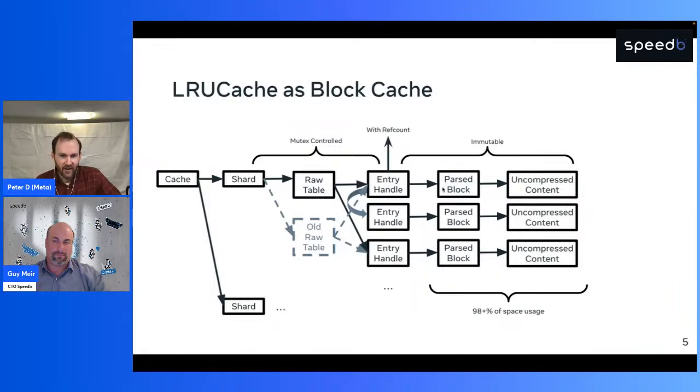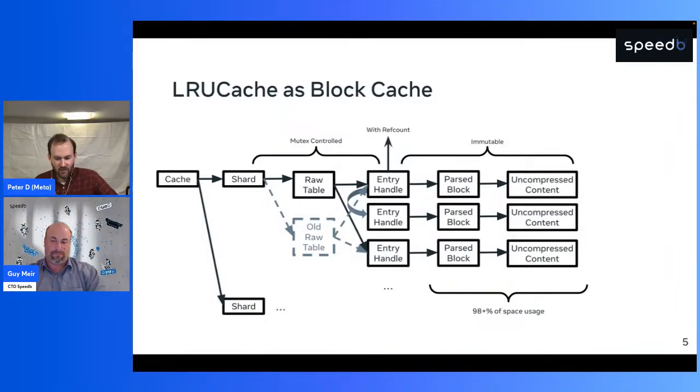Basically everything to the right of the handle is immutable, so we don't really need synchronization on that. The handles keep a reference count, as I alluded to earlier, for the purposes of tracking entries that should be evicted. And basically everything between the shard and the handle in LRU cache is mutex controlled.